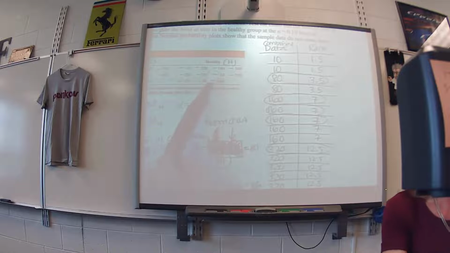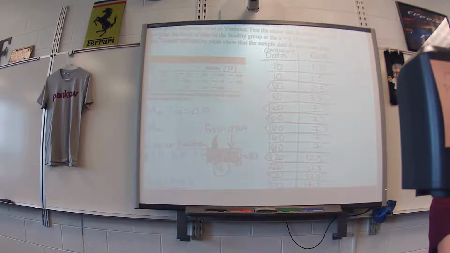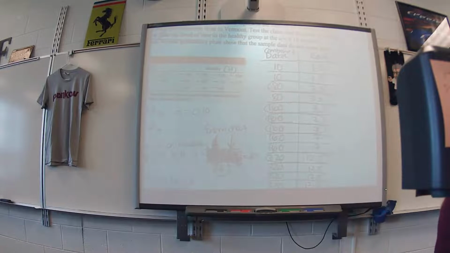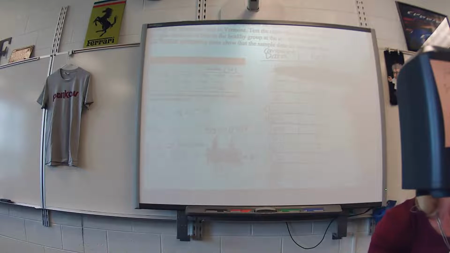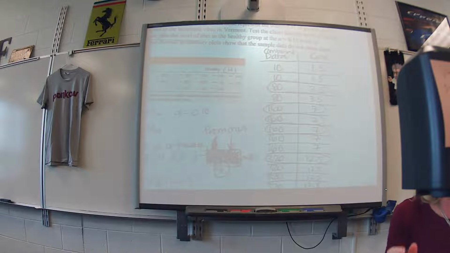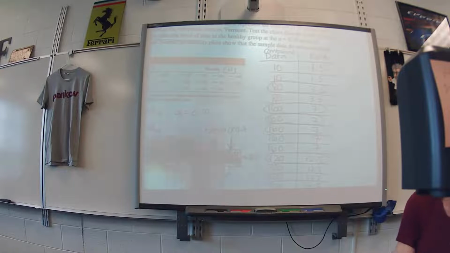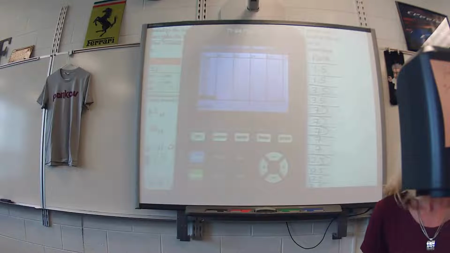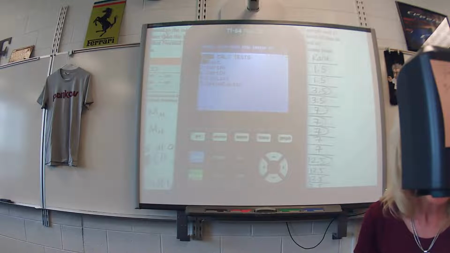Those aren't negatives. That was just me marking, okay, yep, got it, 10. Got it, 10. Because I want to make sure I didn't miss anything. I generally like to do it like this because I like to see it ranked. But where the calculator can help you is I'm going to go into stat and I'm going to sort.